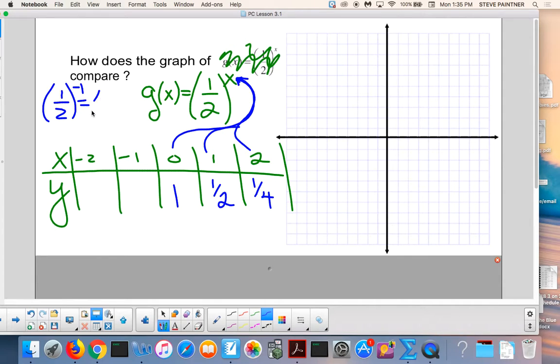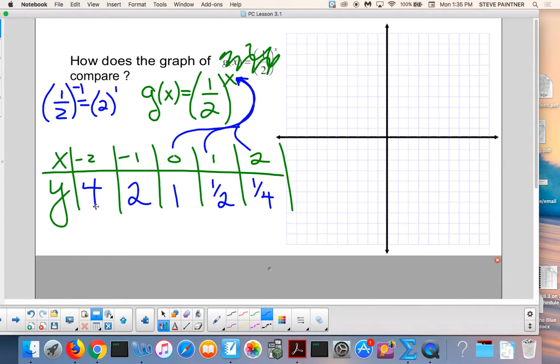Flip the base. The base would be 2 then, and change the exponent to 1. Now the answer is what? 2. What's 1/2 raised to the negative 2? 4. What do you notice about our answers compared to 2 slides ago?